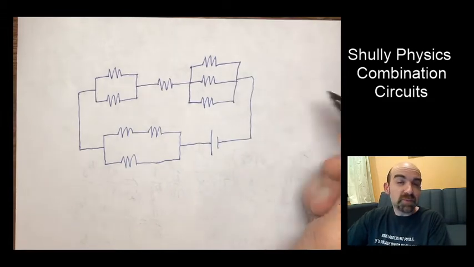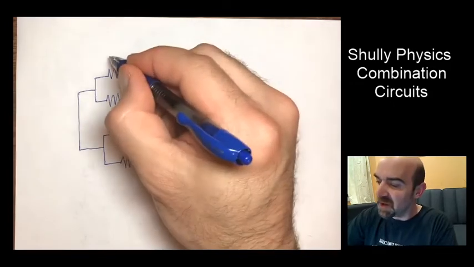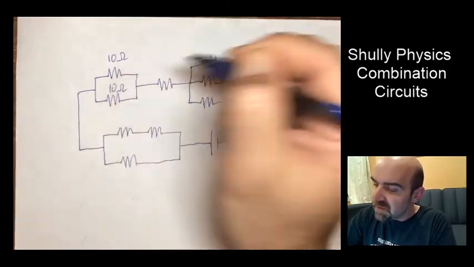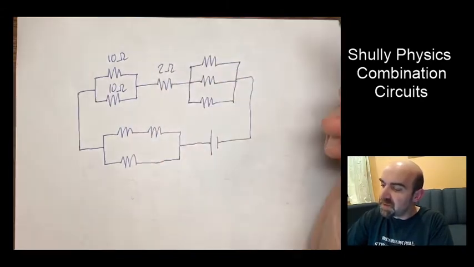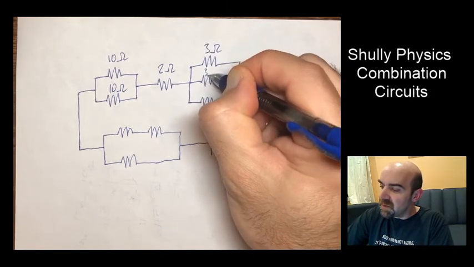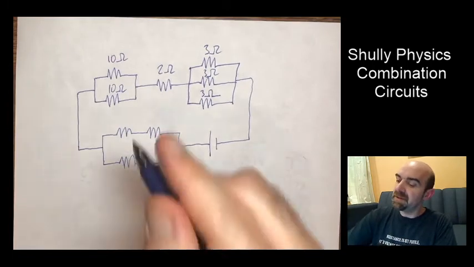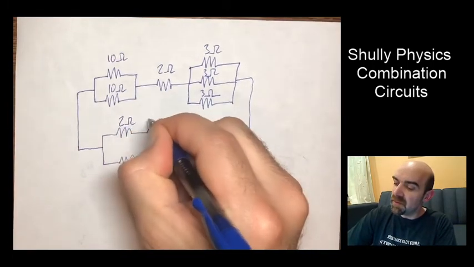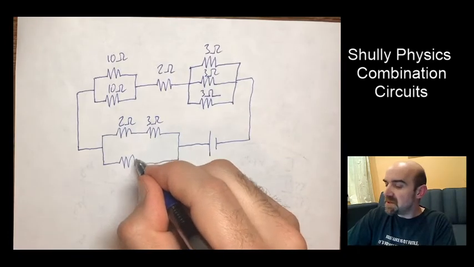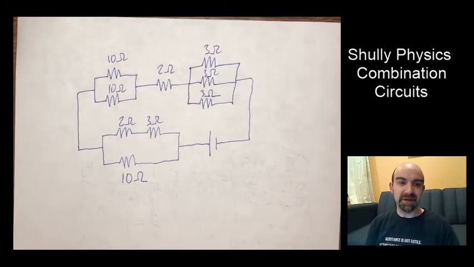Don't tune out. This will be worth it. And I'm going to try to make it not take too long. So let's go like that. We'll keep it as 2. We'll try 3 ohms, 3 ohms, 3 ohms. All right, then down here, let's do a 2 ohms, 3 ohms, and 10 ohms.